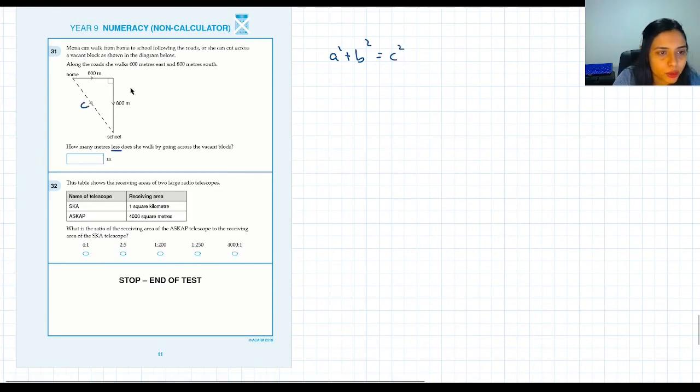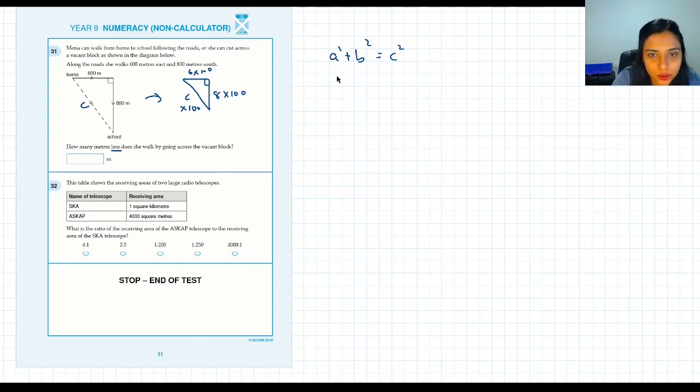So first I'm going to redraw this as this is the same as 6 times 100, and this is the same as 8 times 100. So to find c here, I'm going to just sub in 6 and 8, and once I have c, I'll times it by 100 to get the actual length.